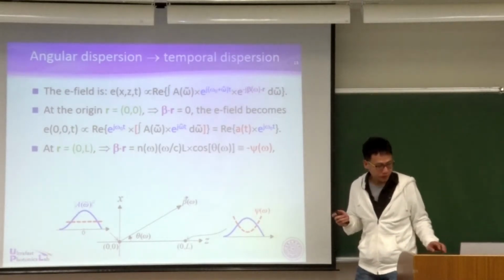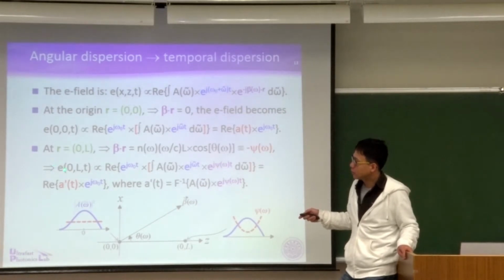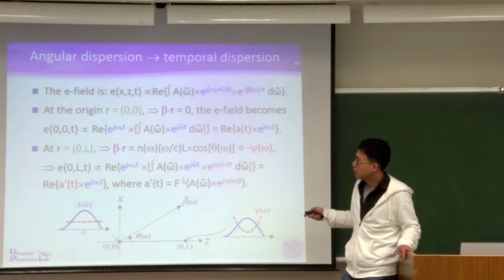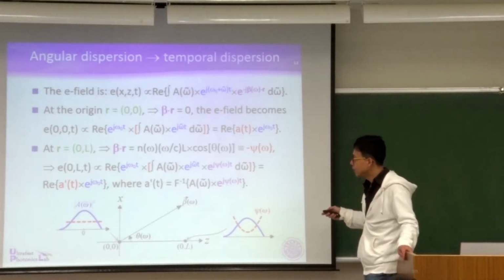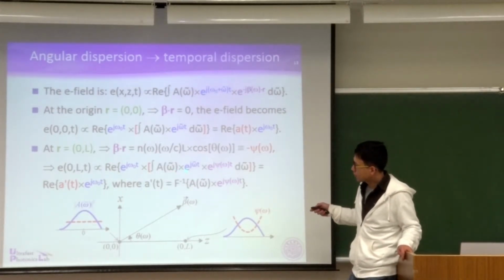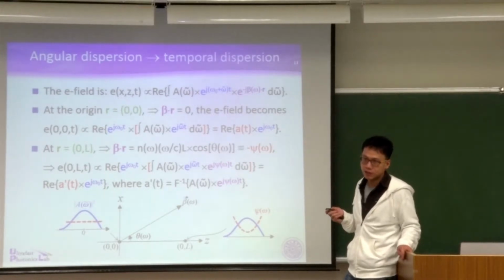Then, what is the electric field? The electric field at 0, L, and arbitrary time t is proportional to the real part of, again, the carrier can be extracted out of the integration. The integrand is, in addition to big A and e to the j omega tilde t, as we observed at the origin, there is an extra term, e to the j psi of omega, and psi of omega is defined here.